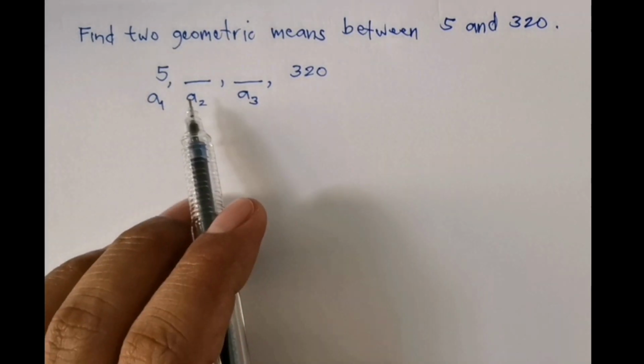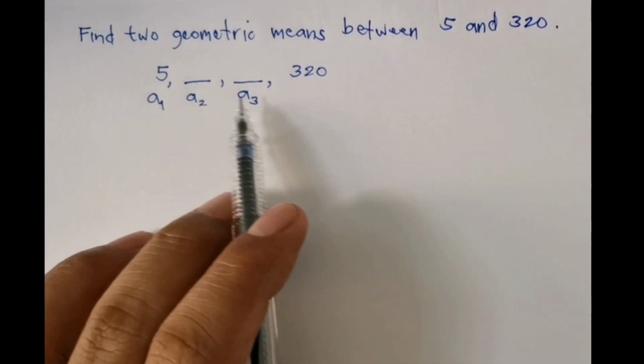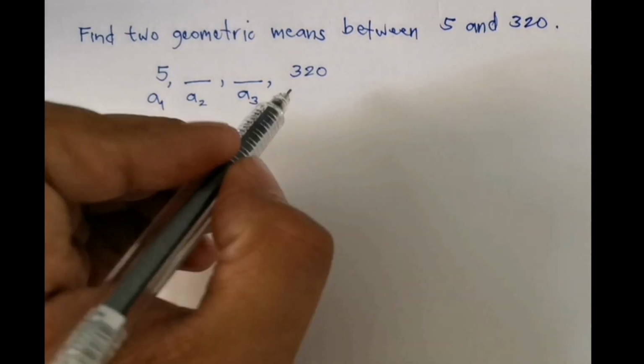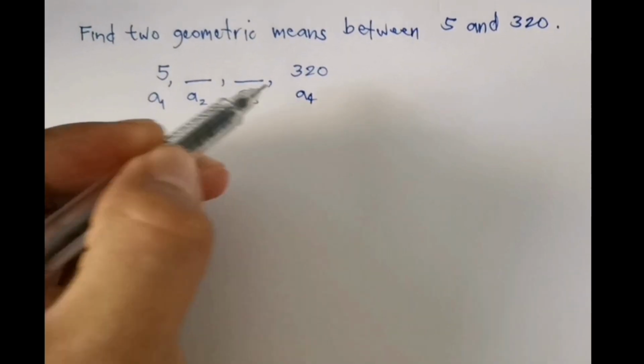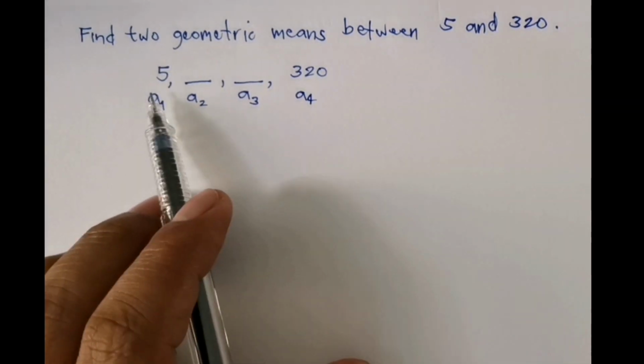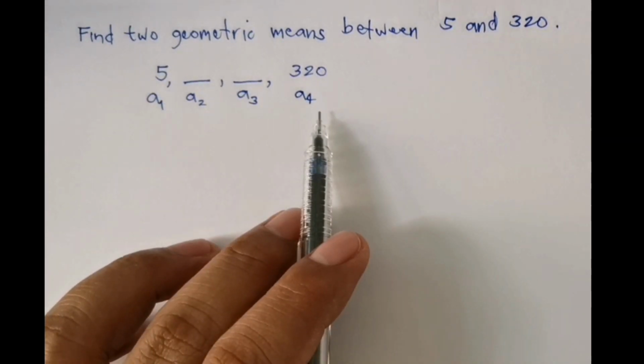So we'll be needing two geometric means in between 5 and 320.